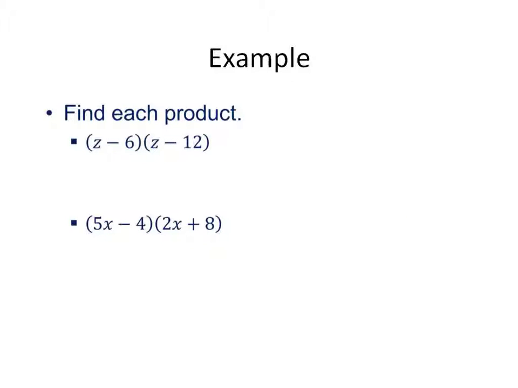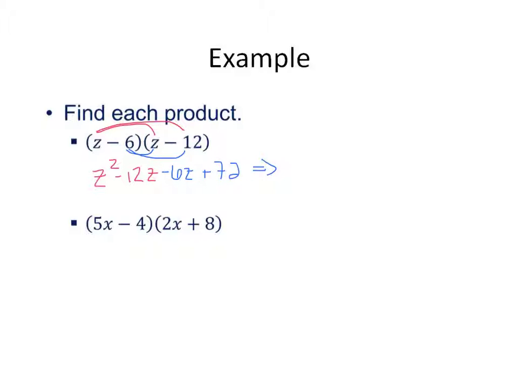Looking here, if I ask what is the first product of z minus 6 times z minus 12, you would say it's z squared, because that's first times first. The outside is negative 12z, because we do z times negative 12. Really watch your signs. The inside is negative 6z, and the last is a positive 72.